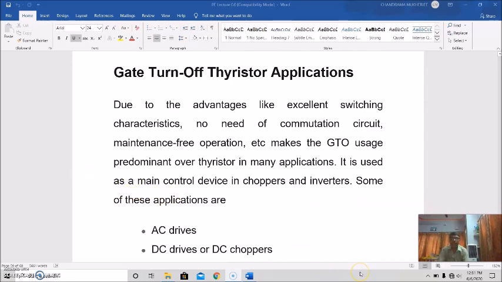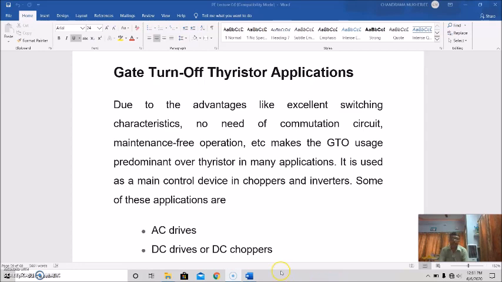Now, what are the applications of this GTO? Due to advantages like excellent switching characteristics, no need for a commutation circuit since it is gate turn-off, and maintenance-free operation, the GTO is predominant over the thyristor in many applications.